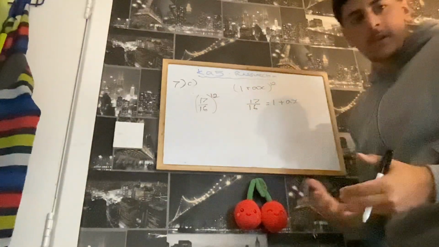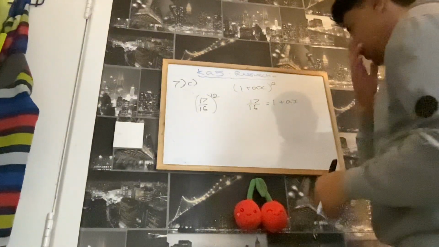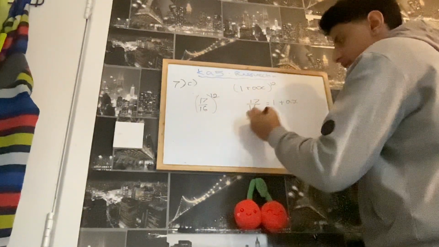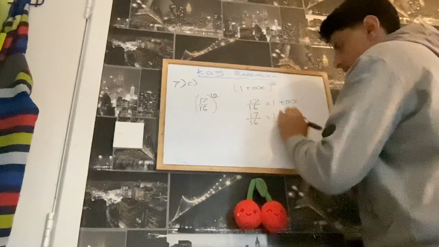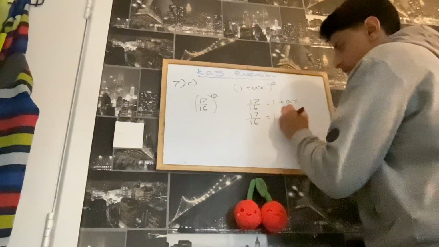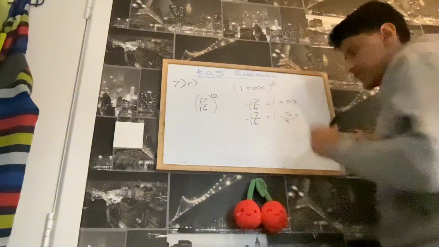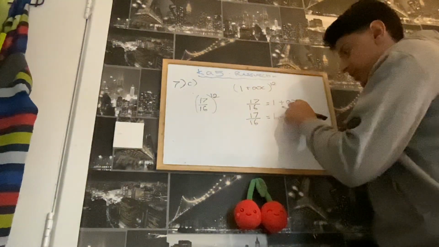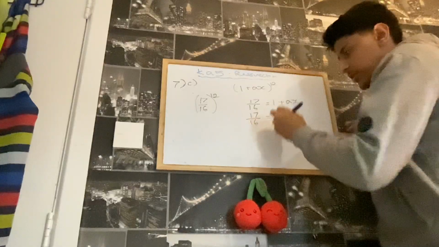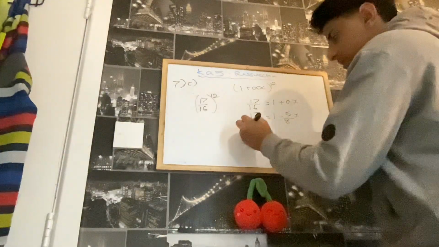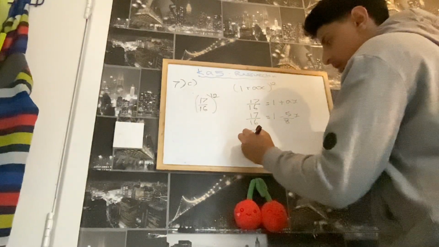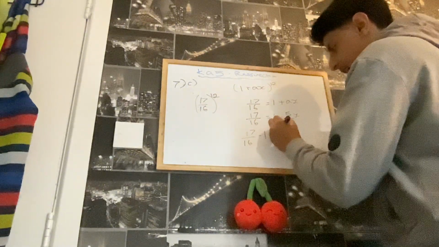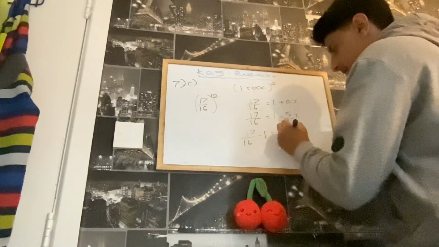Now, we found out the value of a from the start of the question, so if we plug in the value of a, we would get 17 over 16 is equal to 1 minus 5 over 8 x. We're trying to find out what x is. So if we take out 1, we should get 17 over 16 take 1 equal to minus 5 over 8 x.